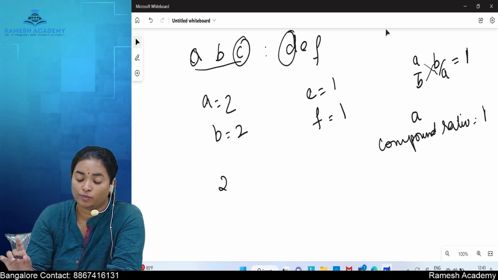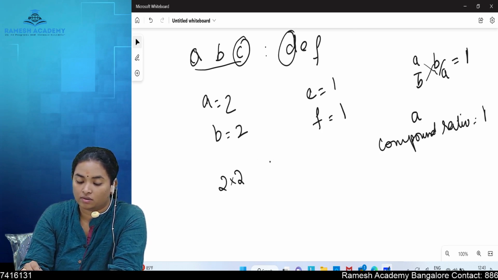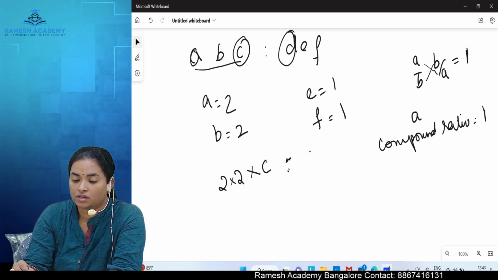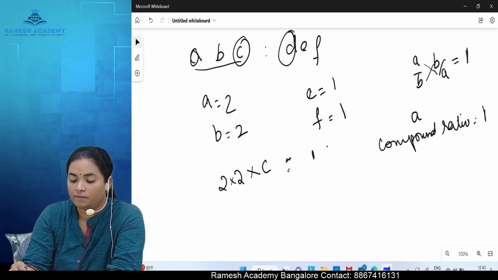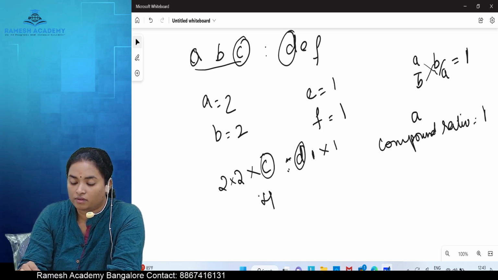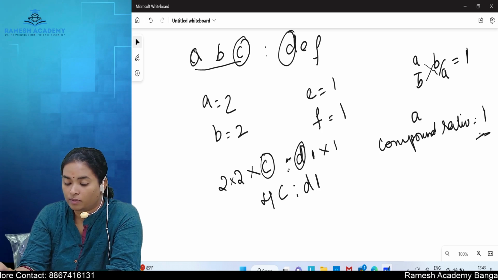Means they both should become the same. 2 into 2 I did, and I don't know C. Then the ratio is E and F, 1 into 1, and I don't know D. Whatever the value here, it should be 4C colon 1D. The compound should be the same.